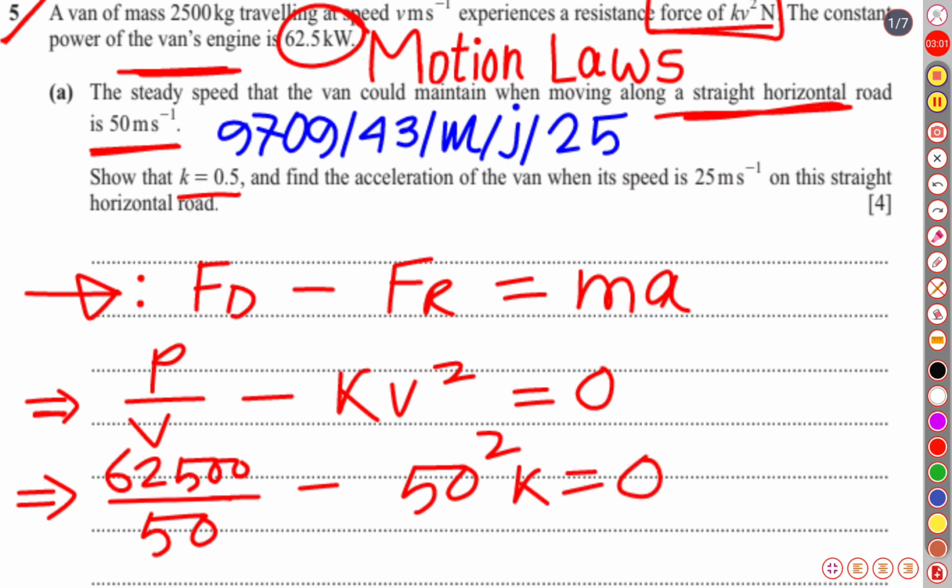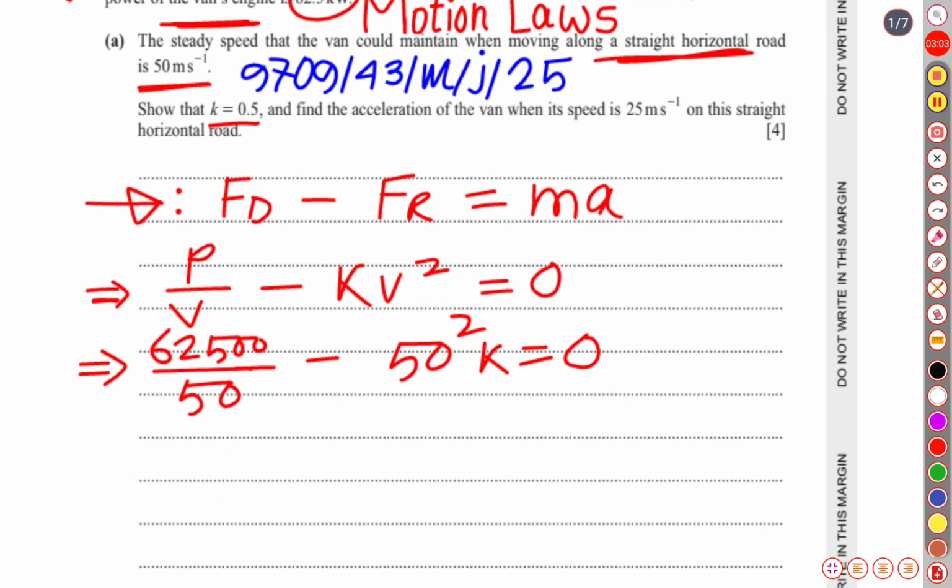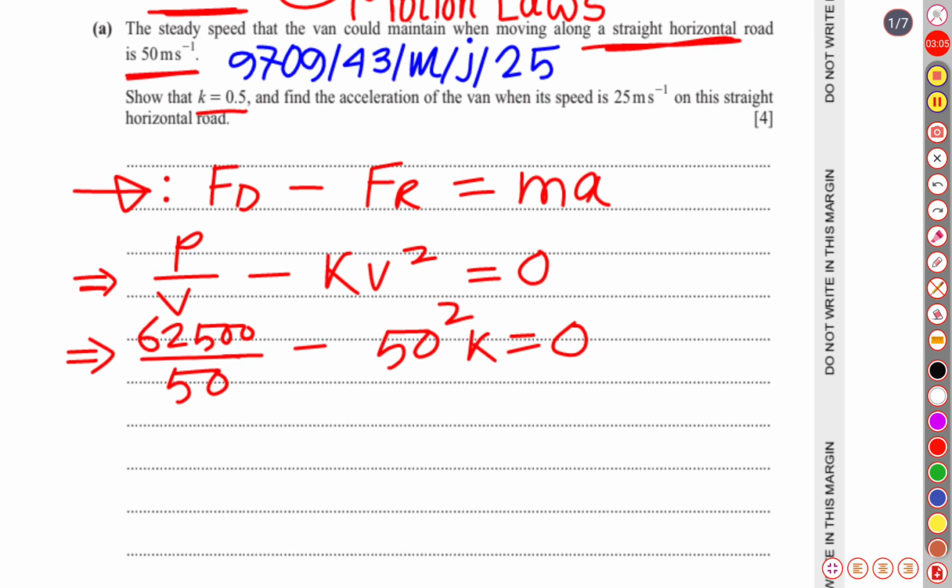Now if we isolate k, 62,500 divided by 50 is going to be 1250. So 2500 k is equal to 1250.